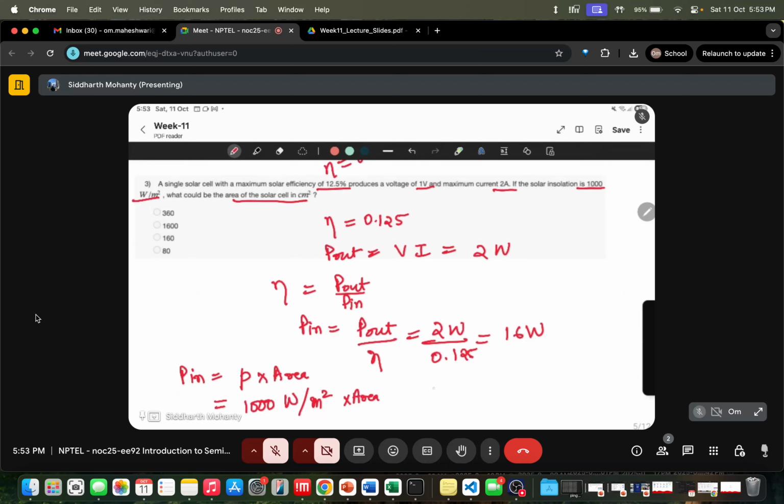So area will be P in by insolation, which is 16 watt by 1000 watt per meter square. So it will be 160 centimeter square, which is this option C.